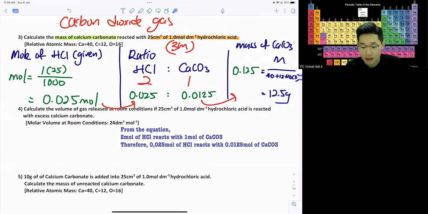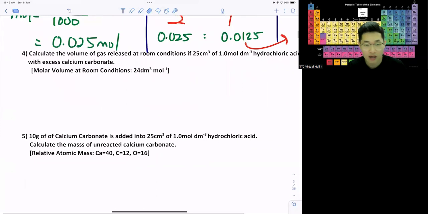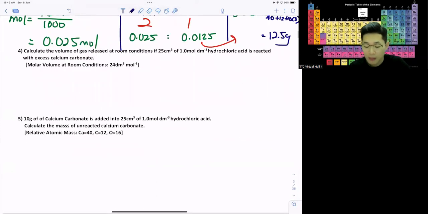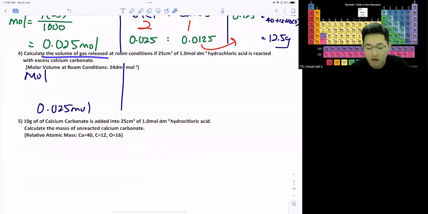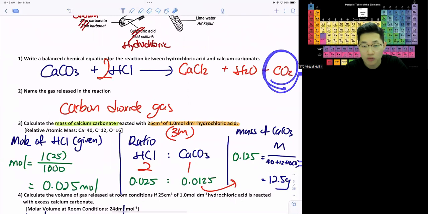Just like that. So I also created another 2 types of questions here at the bottom, which you can try out yourself. I will give you the answer as well. Here, same thing. The mole of HCl is the same. But this time they want me to find the volume of gas released. The gas released is CO2.